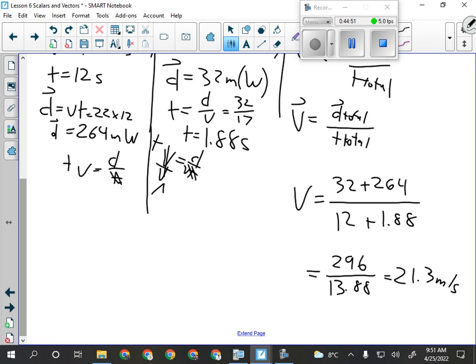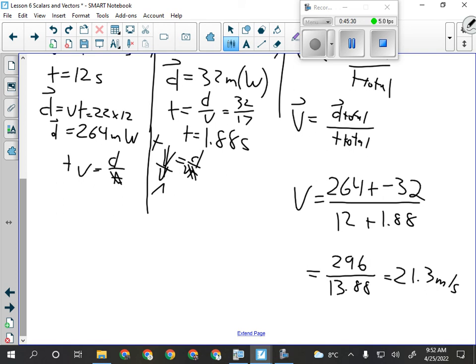How is that calculation going to be different to calculate the average velocity? I'm only going to change one thing. Instead of adding these two numbers together, and actually I have them in the wrong order, instead of adding those two numbers, now I have to recognize this 264 was east, and the 32 was west.